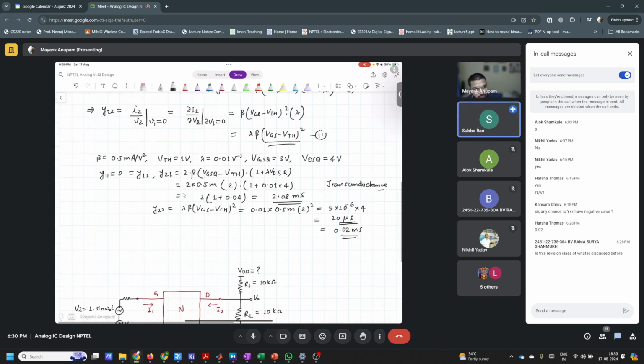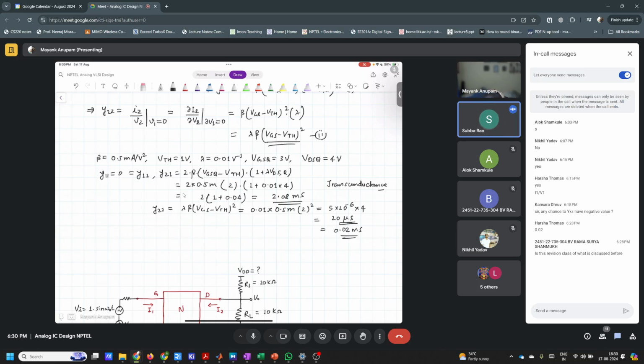Sir, I have some doubt regarding what our professor had told in our lectures. Here we have defined small incremental Y11 as dou f1 by dou v1 in the lectures. We say that I is a function of v1 and v2.